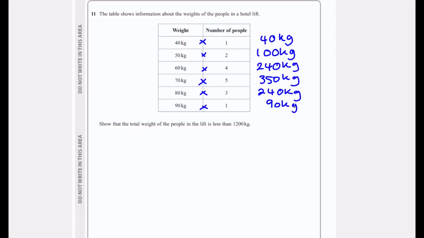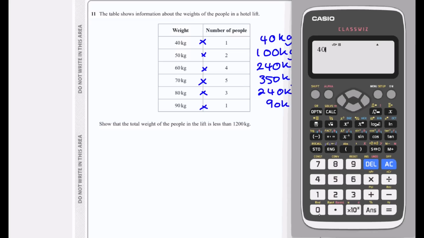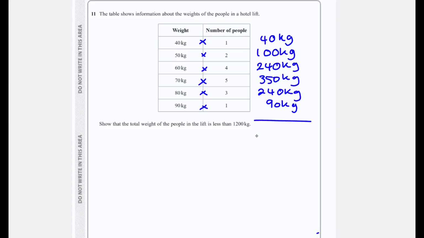So we just add them all together. 40, 100, 240, 350, 240, and 90. We get 1,060 kilograms. So 1,060 is less than 1,200.